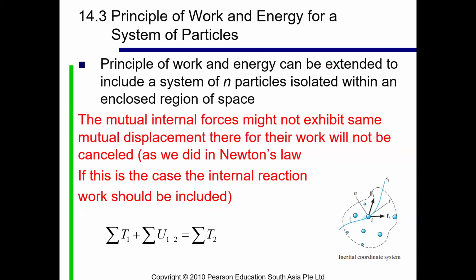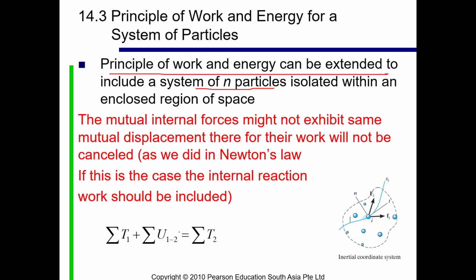Principle of work and energy for a system of particles. If we have n particles, the principle of work and energy can be extended to include a system of n particles isolated within an enclosed region of space.